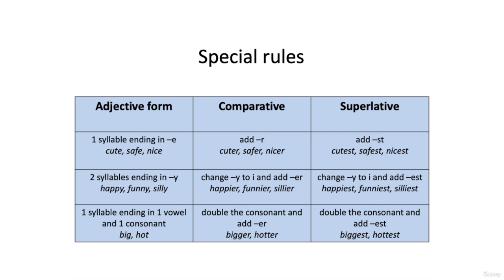In big, I is a vowel, G is a consonant. In hot, O is a vowel, T is a consonant. So we change them to bigger, hotter, biggest, hottest, with two G's and two T's.